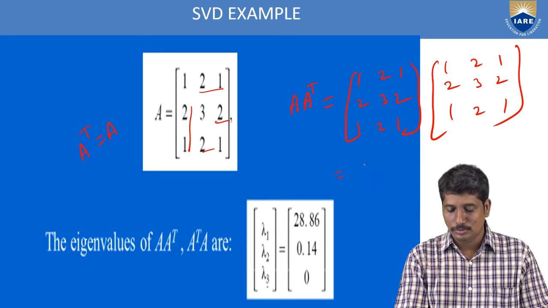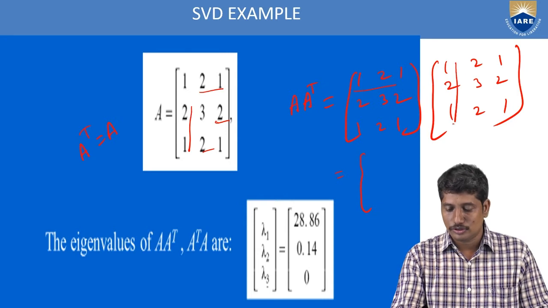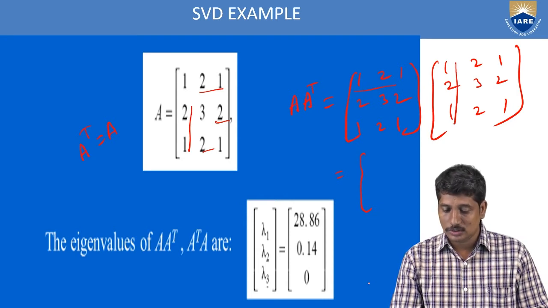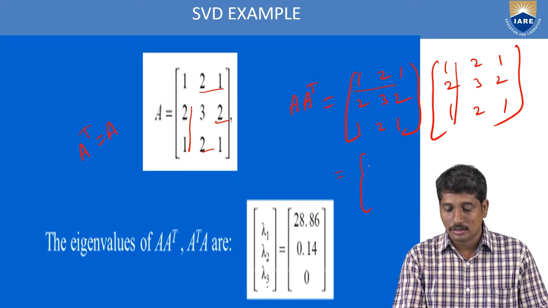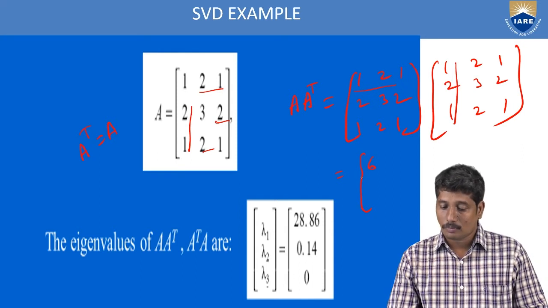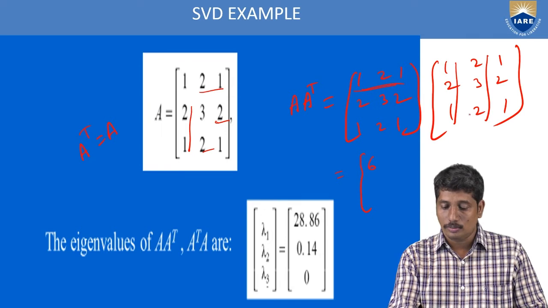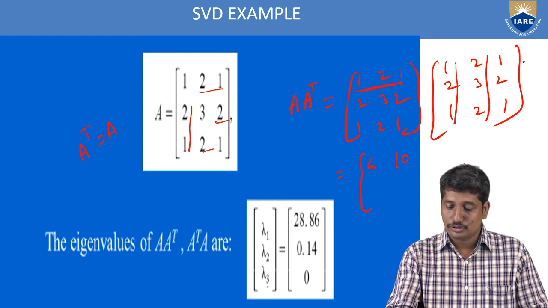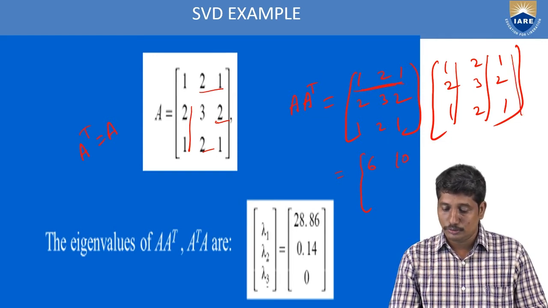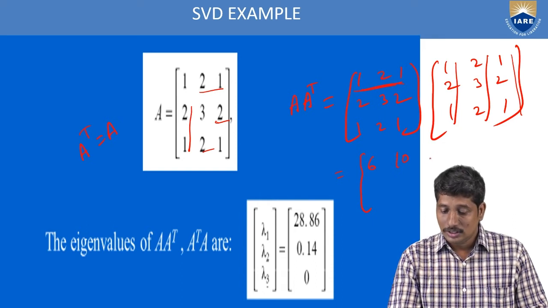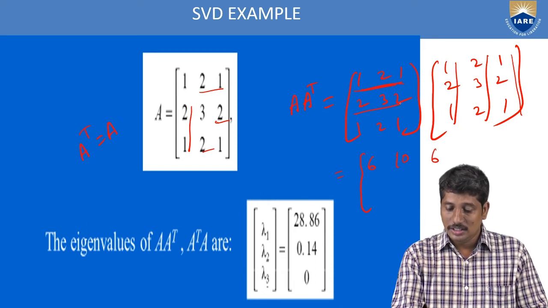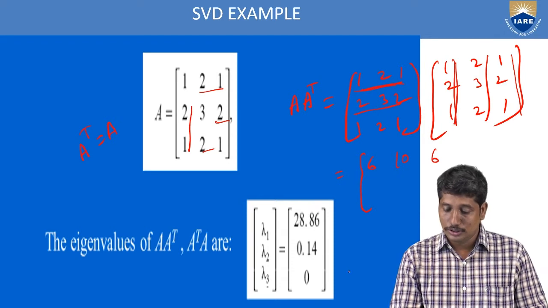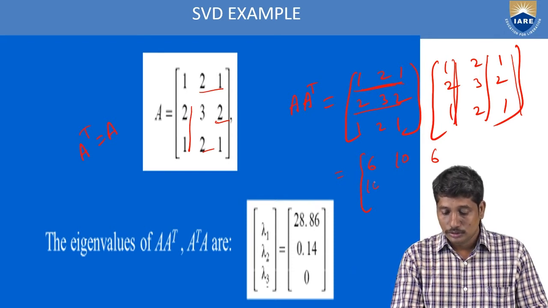When we multiply these two matrices, we get this matrix. First row, first column: 1 square, 2 square, 1 square, that is 6. First row, second column: 1 into 2, 2 3s are 6, 1 2s are 2, that is 10. First row, third column: 1 1s are 1, 2 2s are 4, 1 1s are 1, that is 6. Similarly, second row, first column: 2 1s are 2, 3 2s are 6, 2 1s are 2, that is 10.